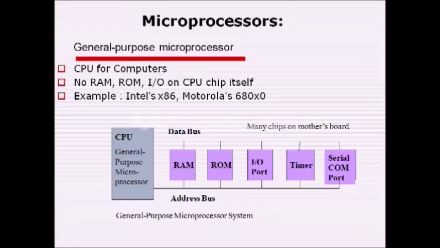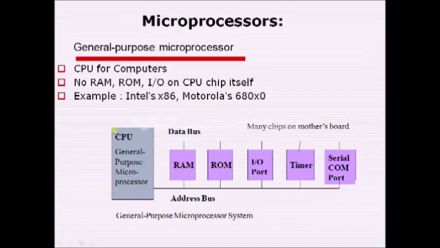So if I want to make a processor into a computer, then I have to connect RAM, ROM, input output port, timer, serial communication port, and many other peripherals that should be connected to this CPU. Then this complete block will become a complete computer.